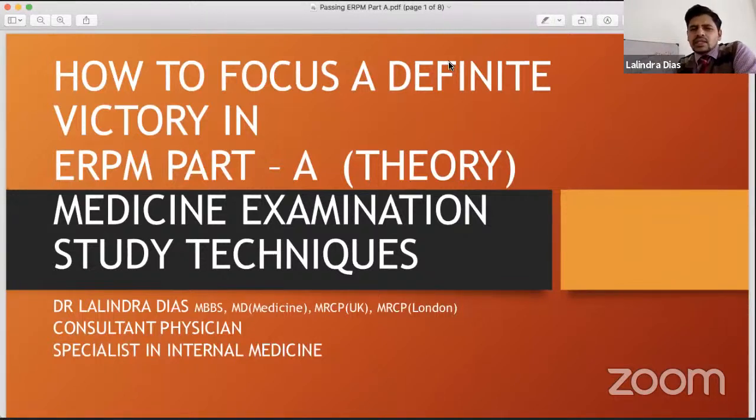But some clever students, what they do is they study the exactly necessary components for any exam, not only medicine, surgery, gynecology, obstetrics, anything.